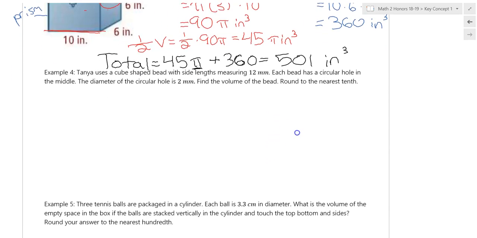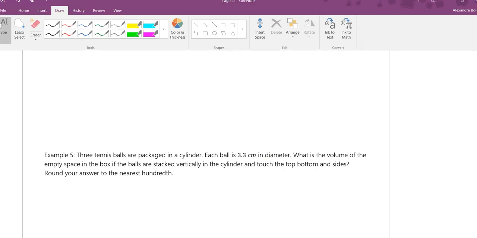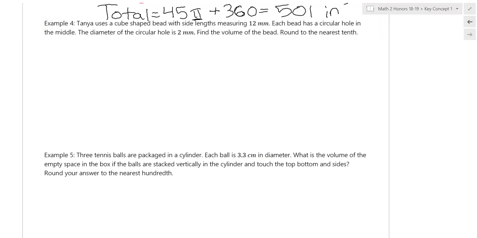All right, looking at the last example we're going to look at in this video, example 4, does not have a picture for us. Tanya uses a cube-shaped bead with side lengths measuring 12 millimeters. Each bead has a circular hole in the middle. The diameter of the circular hole is 2 millimeters. Find the volume of the bead.